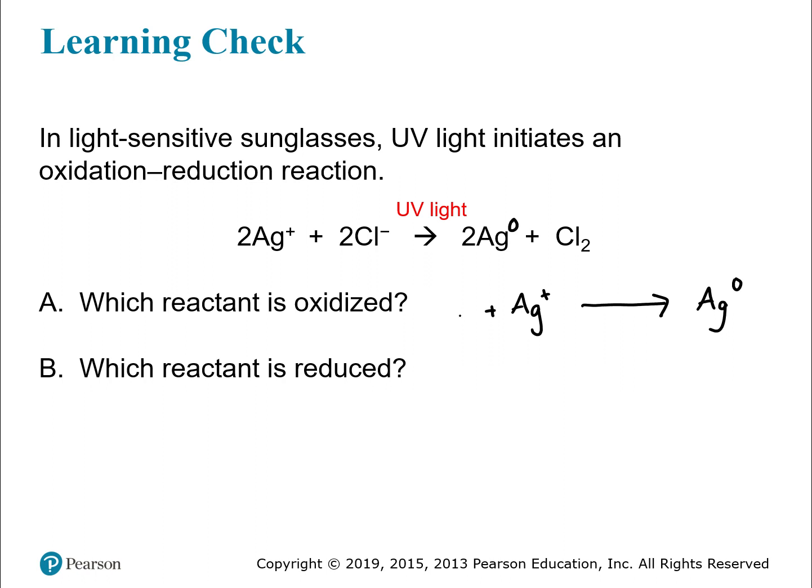The only way that we can do that is if we add an electron to get rid of that charge. If we're adding an electron to the silver, that means it's gaining an electron. If Leo, the lion, says grr, then gaining electrons means reduced. So Ag+ is reduced.